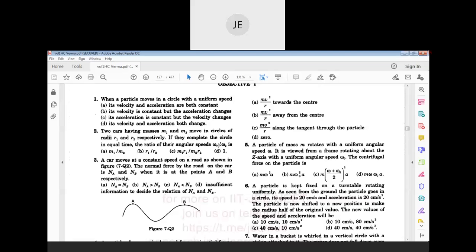So option B should be the correct one. M r omega square is the general expression. Instead of r, they have given a. So m a omega square is the general expression. But here it is viewed from the other frame, which is omega naught, so we have to take omega naught only. Option B is the correct answer.